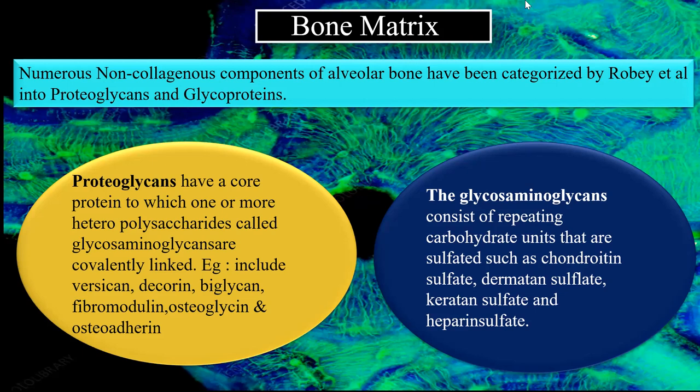And the glycosaminoglycans consist of repeating carbohydrate units that are sulfated, such as chondroitin sulfate, dermatan sulfate, keratan sulfate, and heparan sulfate. Okay.